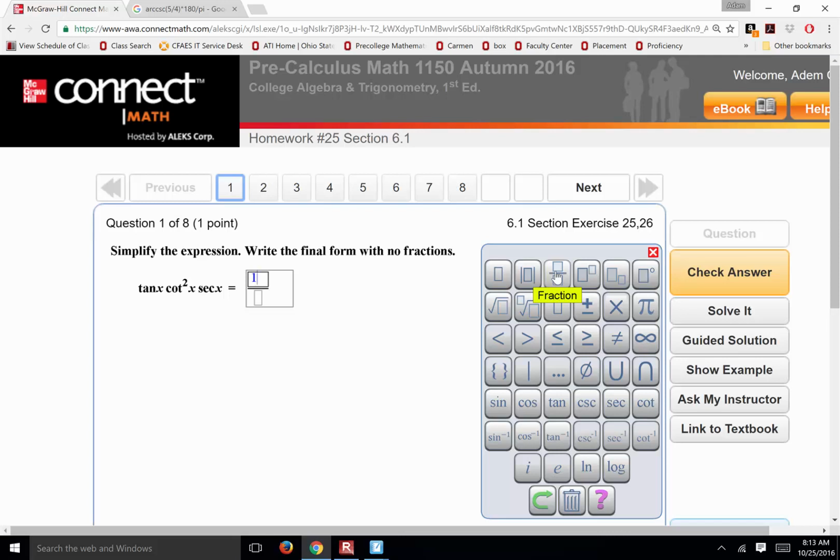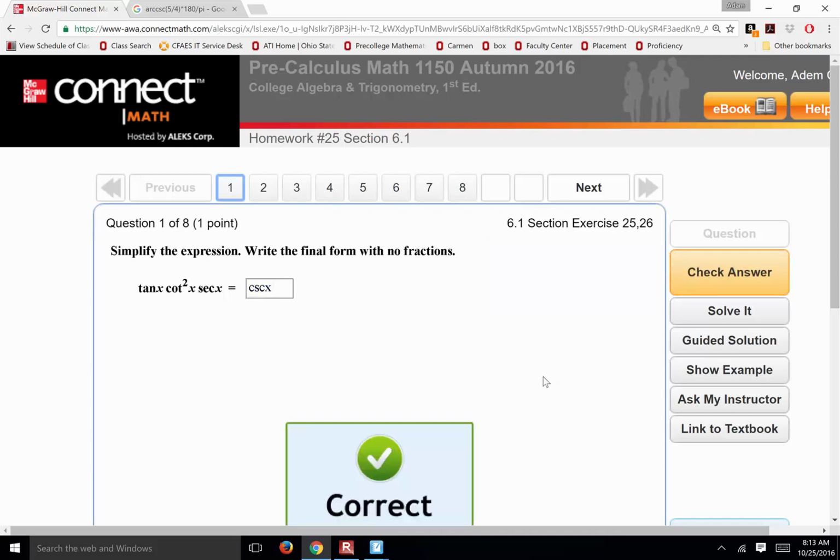Oh, okay. Alright, first step in solving these questions, read the statement. So you saved me time, so it's cosecant x is the answer. Oh, there are buttons for this if you don't want to type in, but I think this will be fun.